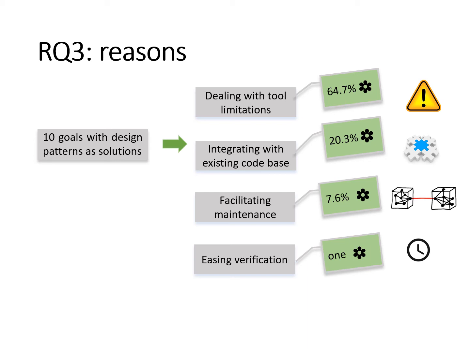We also found one case where developers simply want to reduce the verification time. So if you are curious about how developers use flowers in their design patterns to achieve their goals, please find more details in our paper.